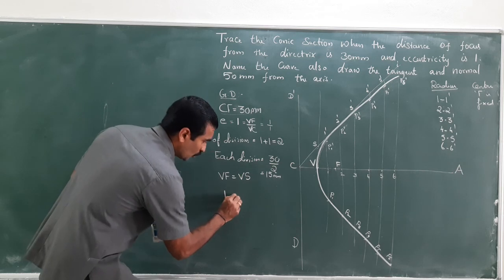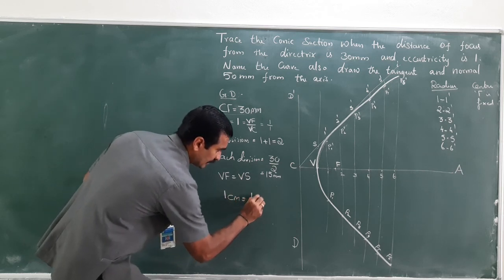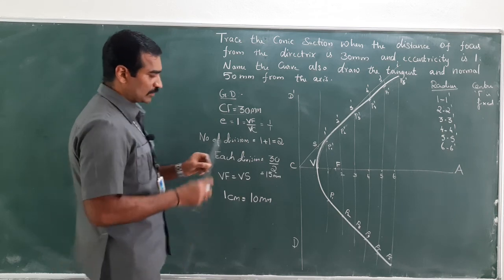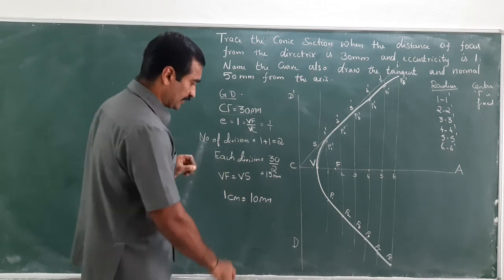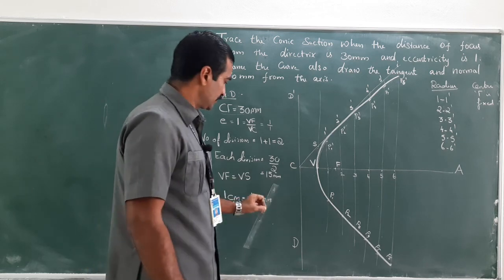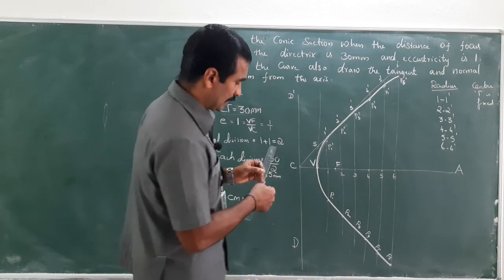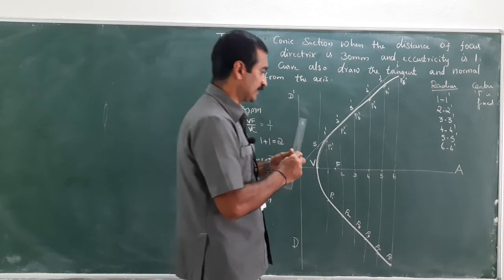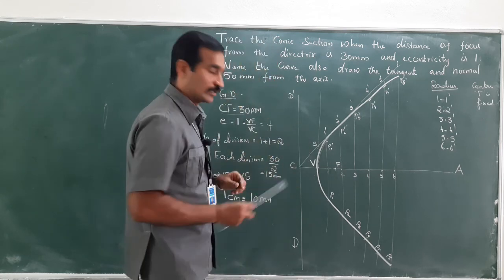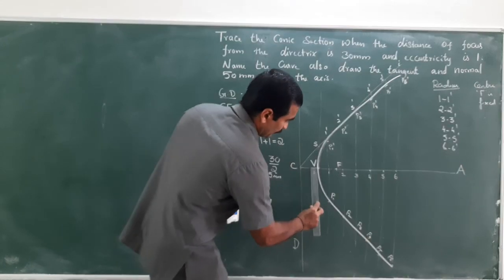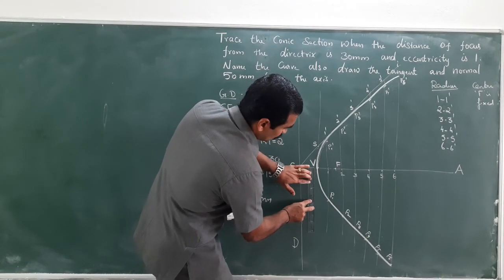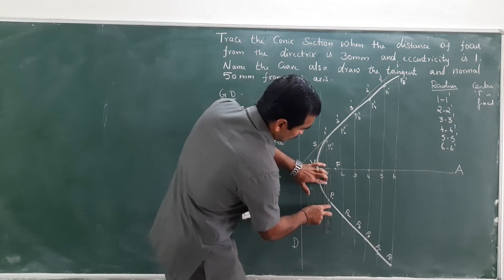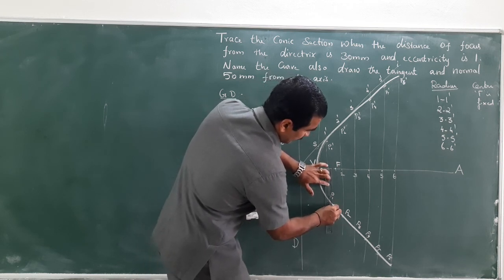As you know, 1 centimeter equals 10 mm. Therefore, here you will have to take 5 centimeters. Assume this is 50 mm in my scale. So, don't get confused. You take 50 mm in your scale and move parallel to the directrix and perpendicular to the axis. Somewhere it is intersecting here.